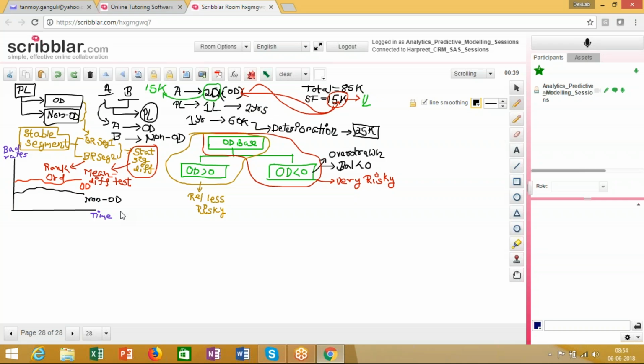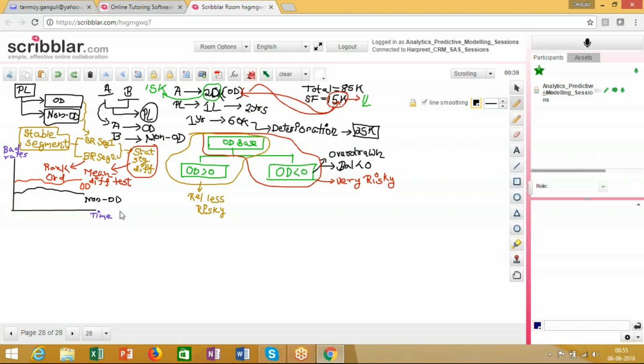So over time, at each point of time, the non-OD segment's bad rate should always lie below that of the OD. This criterion is called the rank ordering criterion, that it should always lie strictly below.